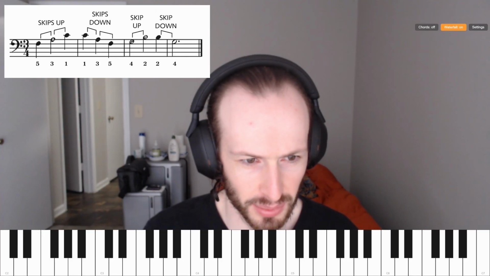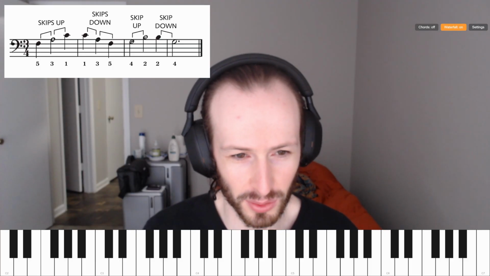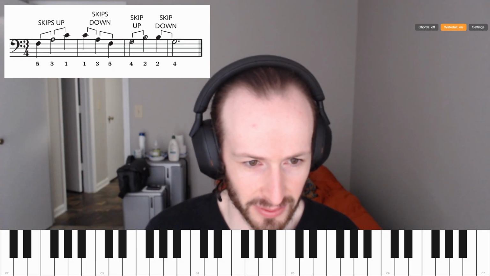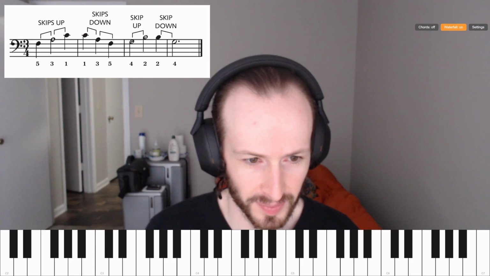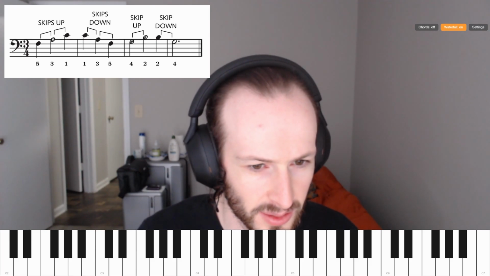A skip is the distance from any space note to the very next space note above or below it, or from any line note to the very next line note. Gotcha. Skip around.